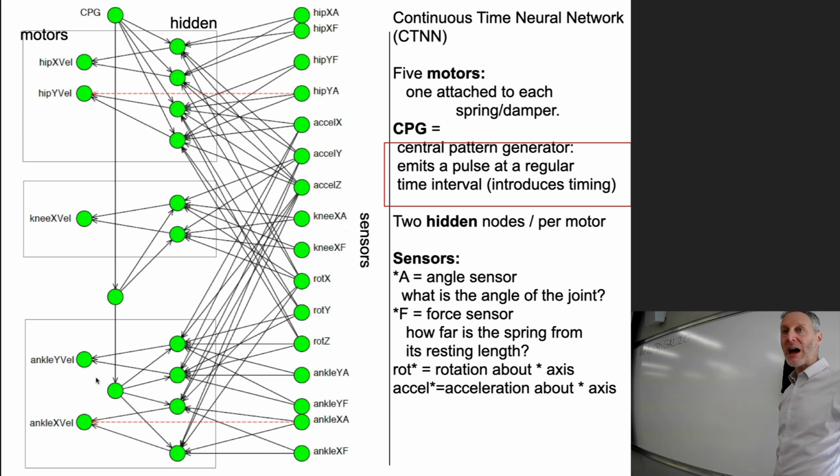You'll notice there's 5 motor neurons. Remember that there are 5 motorized joints in one leg. So we've got a robot that's got 2 identical halves of a brain. Okay, the exception to that is the central pattern generator, and that's why they drew it up here.